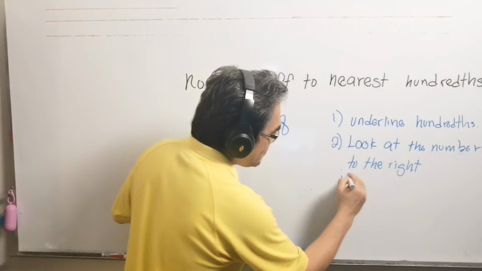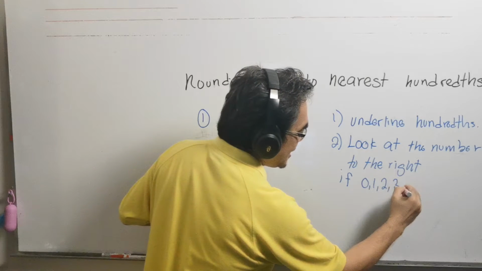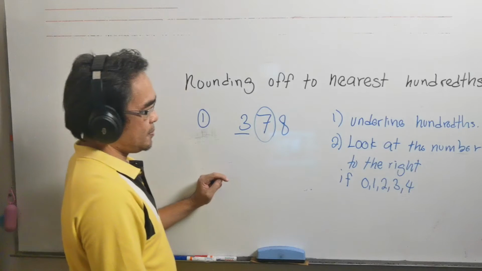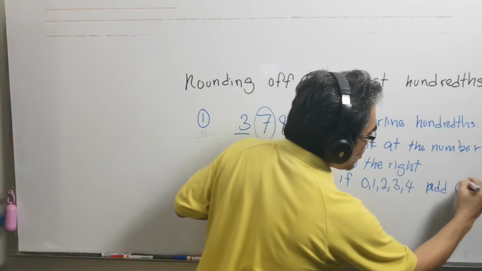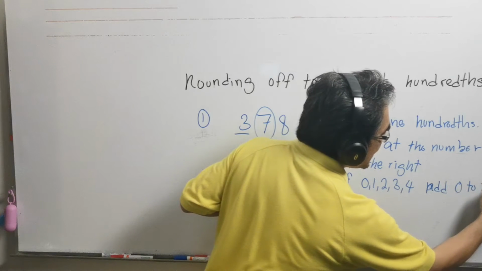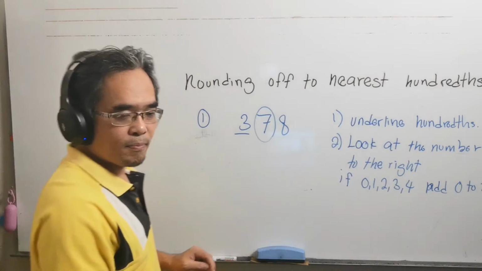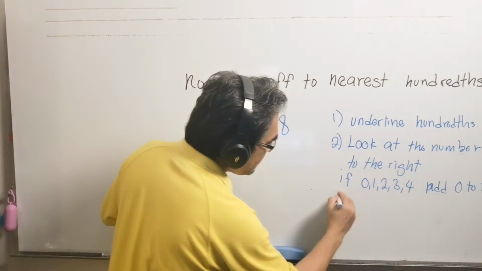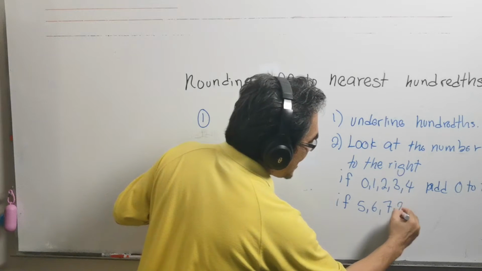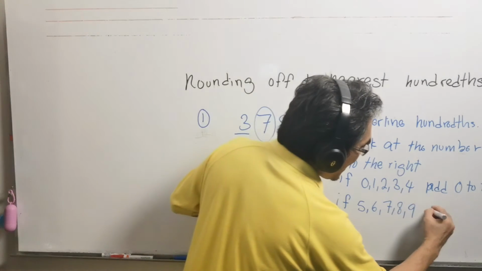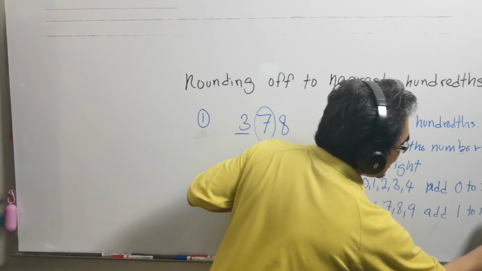So if it is 0, 1, 2, 3, 4, add 0 to the number. If it is 5, 6, 7, 8 or 9, add 1 to the number.